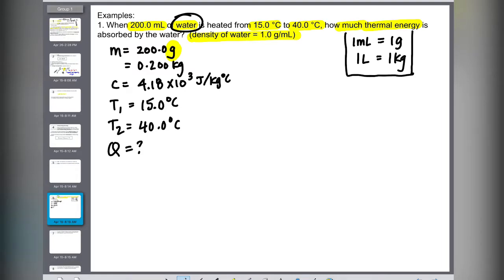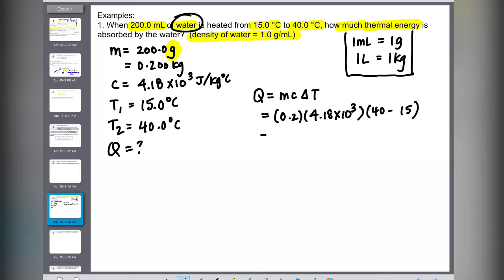That is Q. The equation for heat rise and drop is Q equals mc delta T. I'm looking for Q. M, I found, is 0.2. The c is 4.18 times 10 to the 3. Delta T is T2, your final temperature, 40, minus your initial temperature, 15.